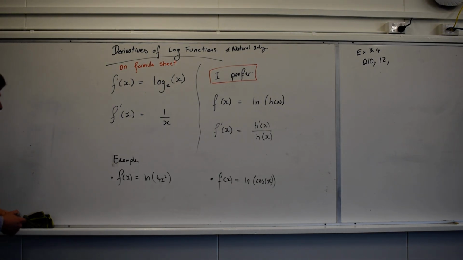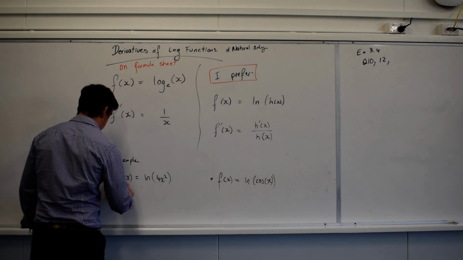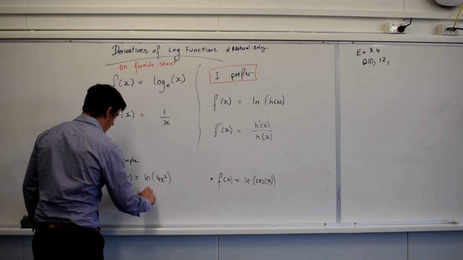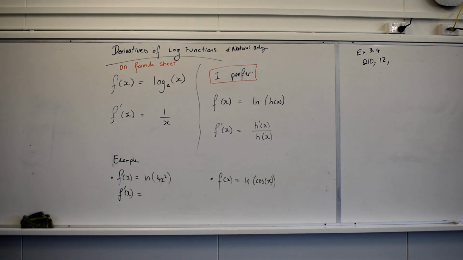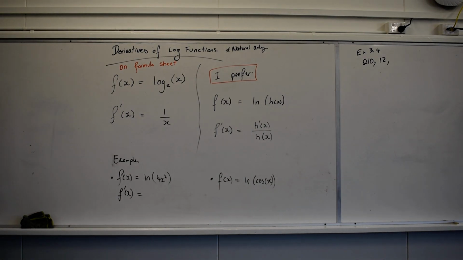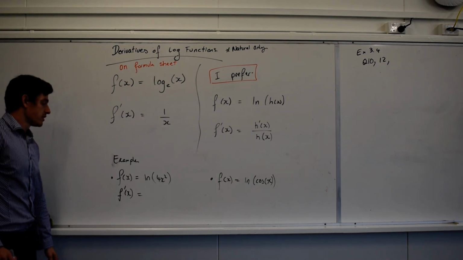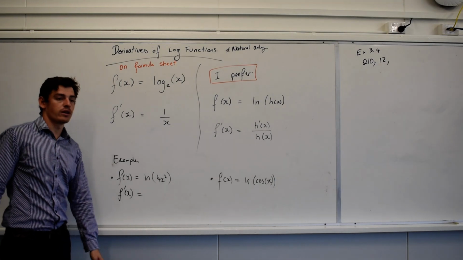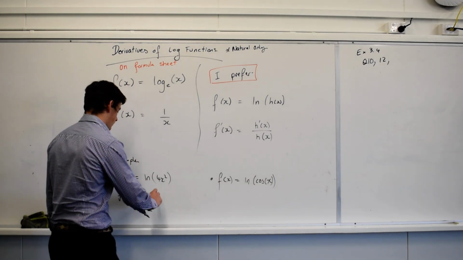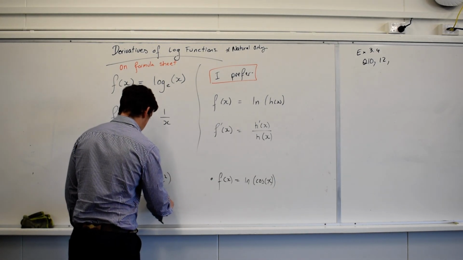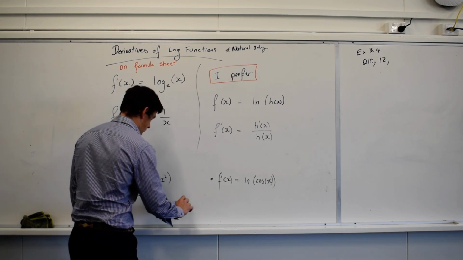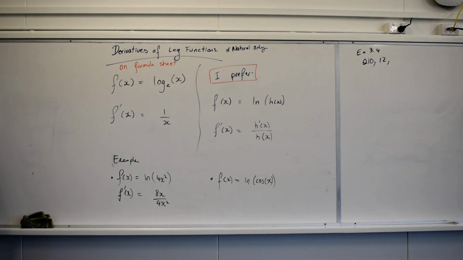We'll go through a couple of examples here. I've got ln 4x squared. So I simply say, what's the derivative of 4x squared? Am I done?